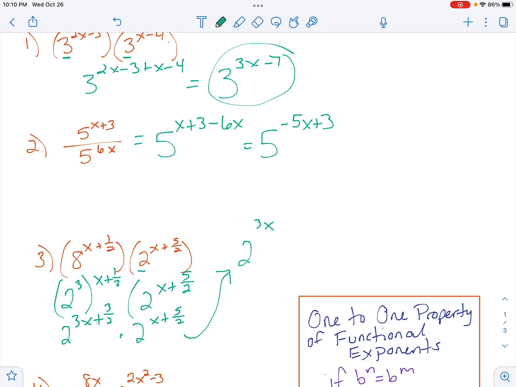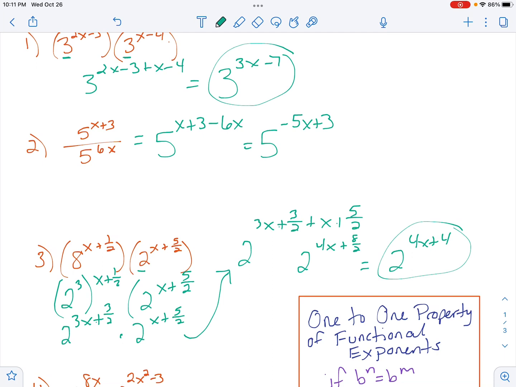So we have 3x plus 3/2 plus x plus 5/2, which would be 2 to the 4x plus 8/2, which is really 2 to the 4x plus 4. So make sure you simplify it all the way down.